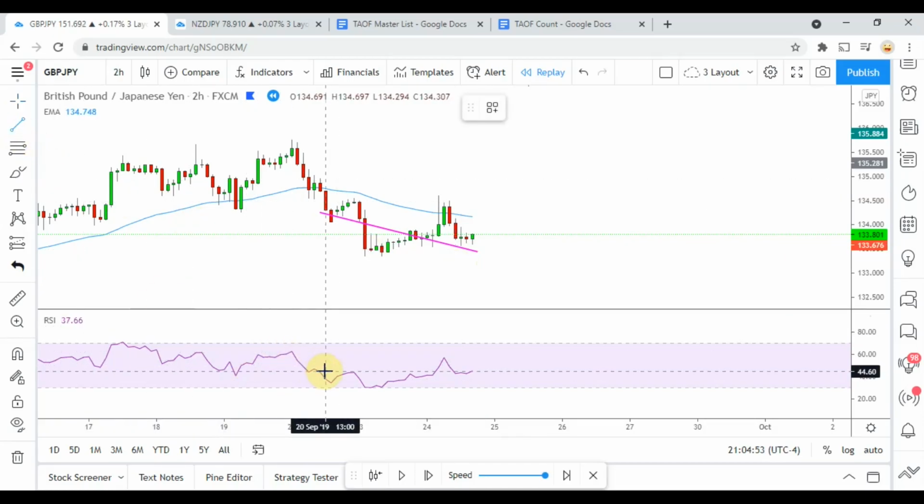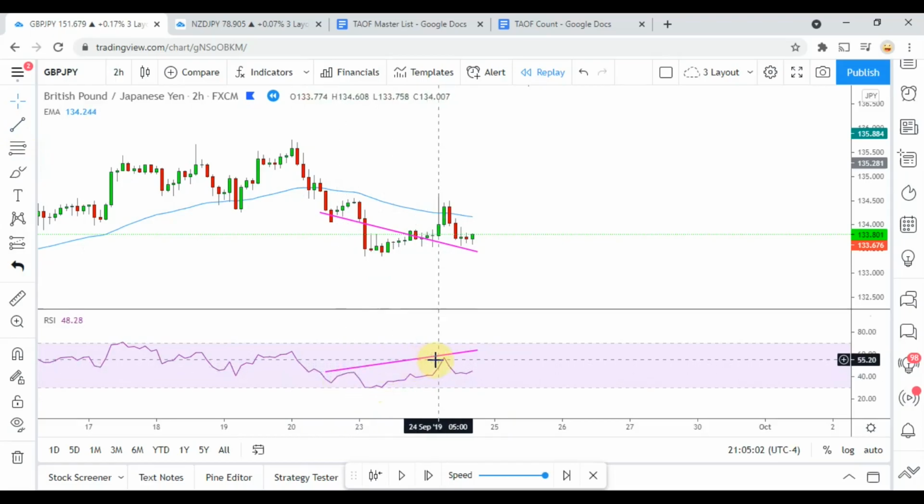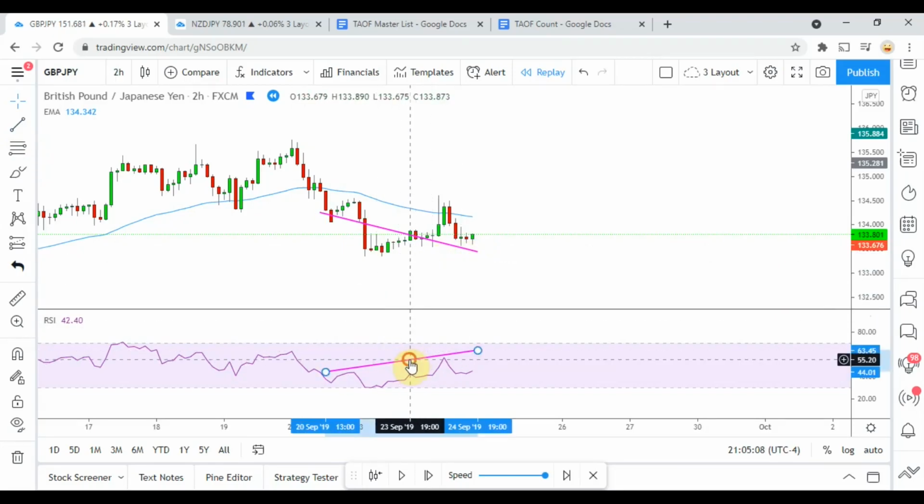But if we look at that same point on the RSI, you can see that the divergence here is a bearish divergence. So RSI is moving up as this is making lower lows essentially.